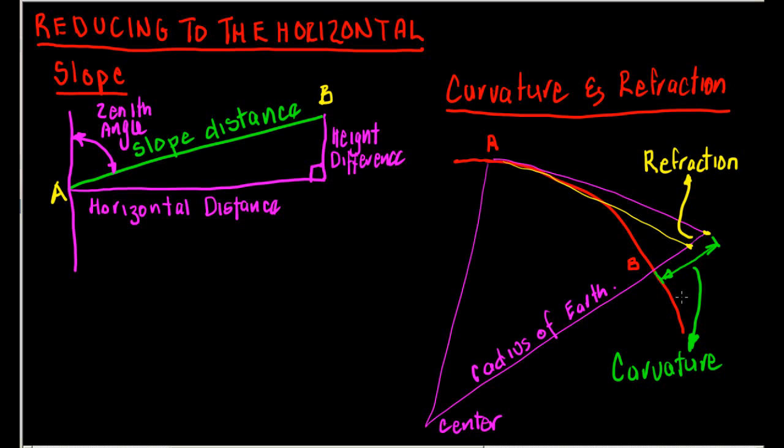So we reduce our slope distance to the horizontal at the height of measurement by just our straight trigonometrical reduction and applying our curvature and refraction correction.